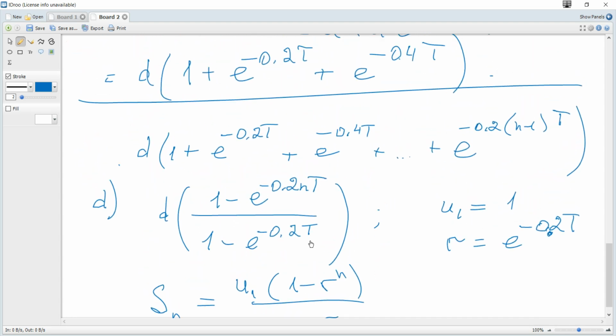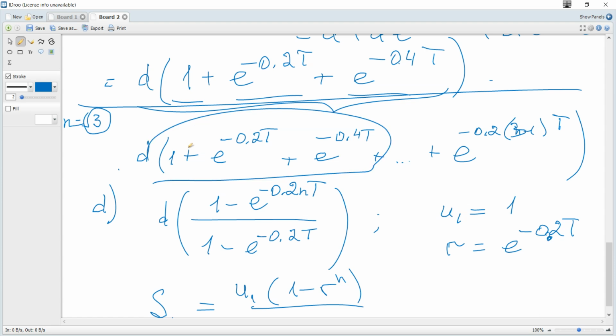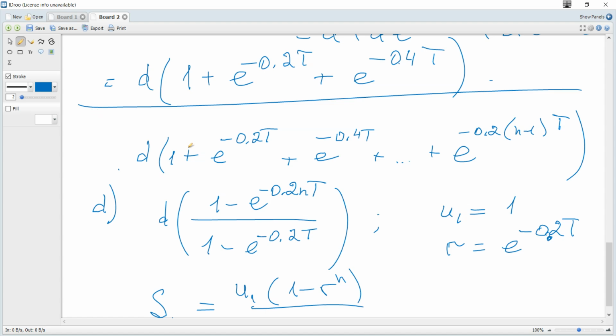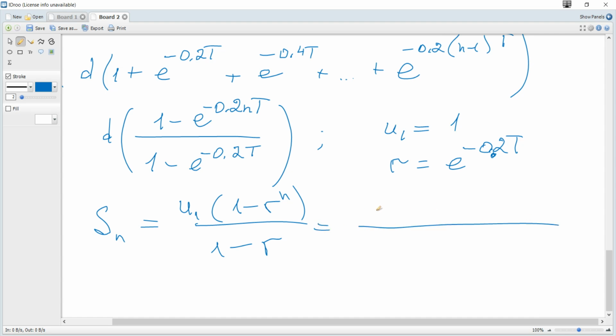Let's check when n is 3: 1, 2, 3, we get 3 terms. So there are n terms in total.